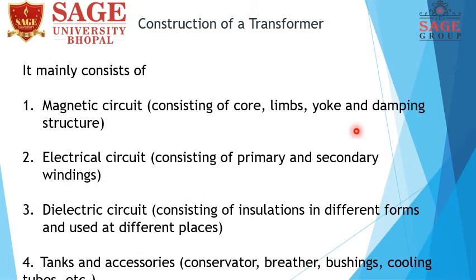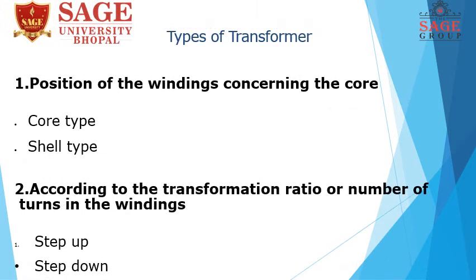And this is the construction of a transformer, mainly divided into four parts: magnetic circuit, electrical circuit, dielectric circuit, tank and accessories. And the types of transformer: mainly two types, first is core type and second is shell type. According to transformer ratio, there are two types: step up and step down.